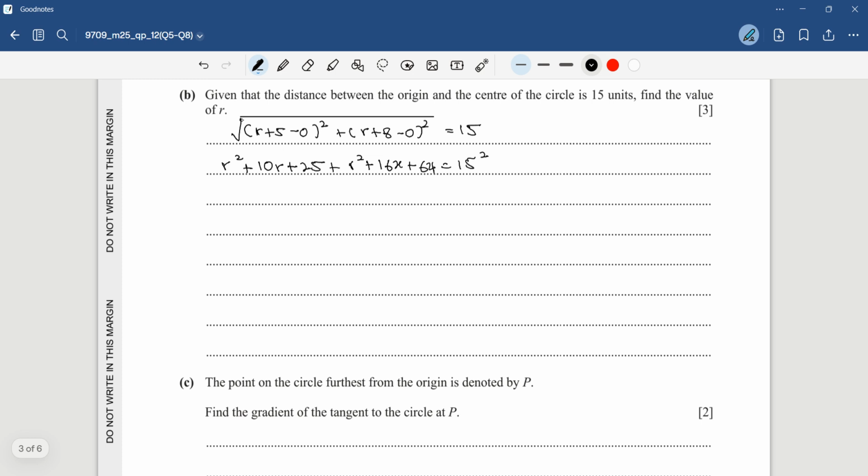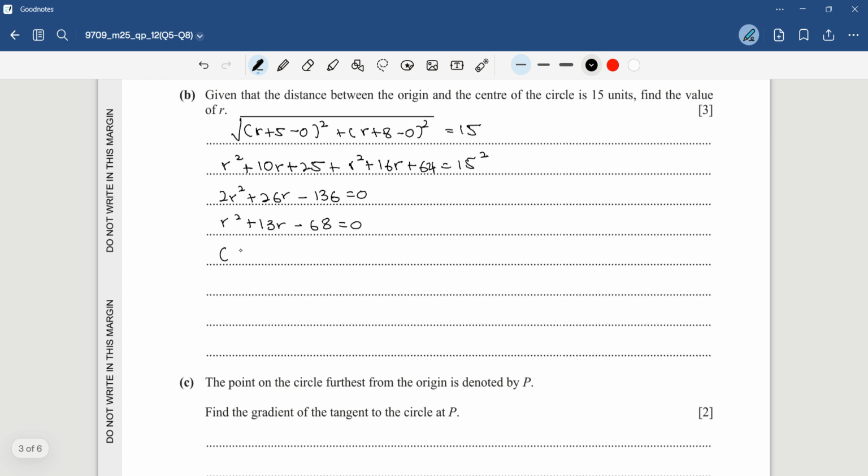I bring the square root to the other side. So it will be 2r squared plus 26r, and you rearrange the 15 squared to the left-hand side, so minus 136 equal to 0. So I can divide everything by 2: r squared plus 13r minus 68 equals 0.